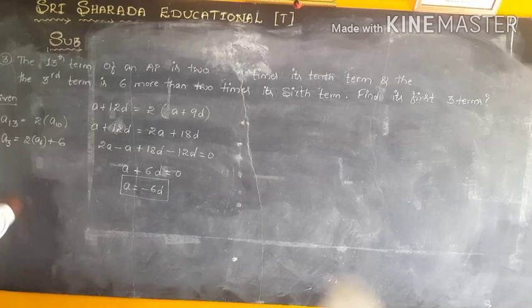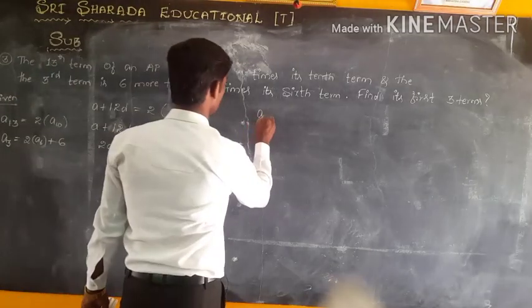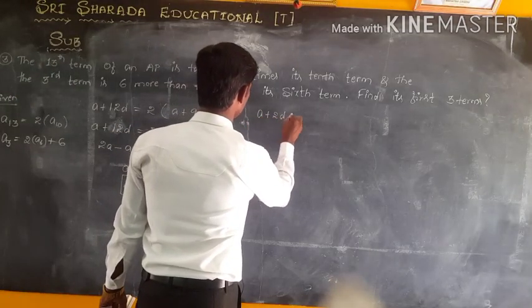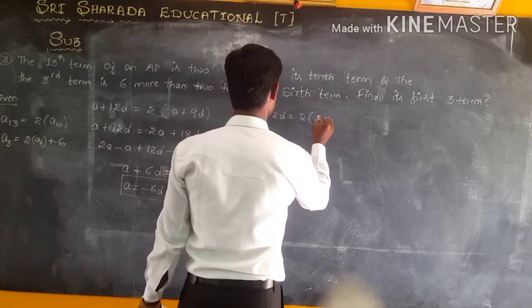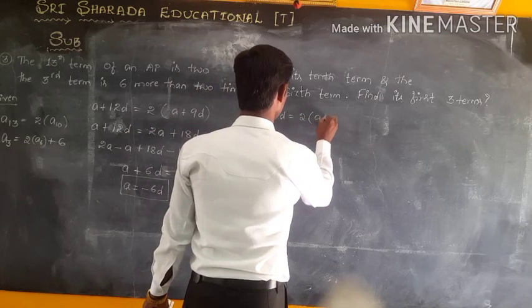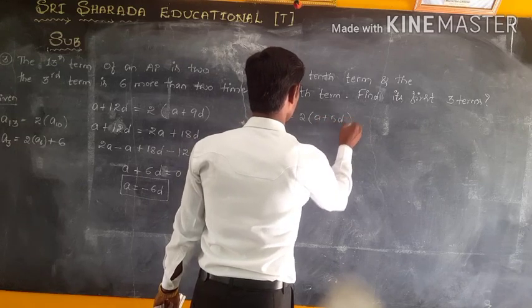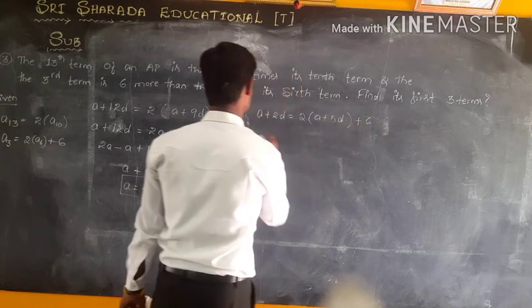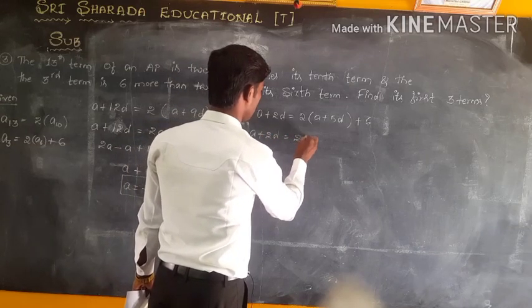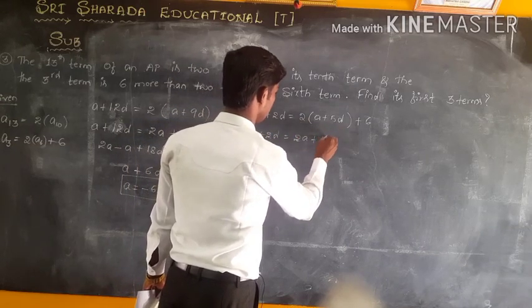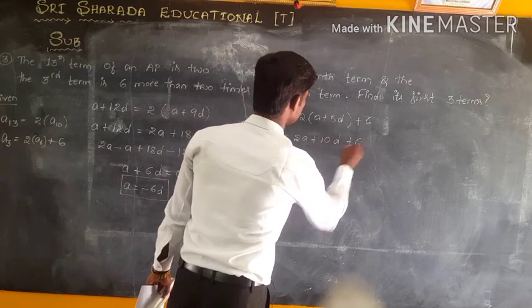Again, A3, solve it. A3 means A plus 2D, is equal to 2 times A6, that is A plus 5D, plus 6. That is A plus 2D is equal to 2A plus 2 5s are 10D plus 6.